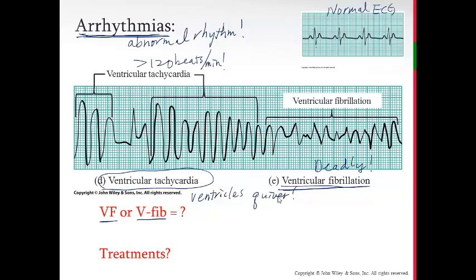They quiver and they are not contracting rhythmically. So it's a very, very dangerous situation because it may lead to a cessation of pumping. Pumping stops, and that means your blood flow will decrease to different parts of the body.